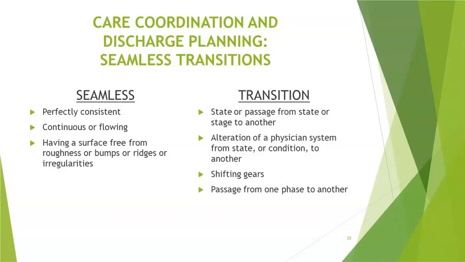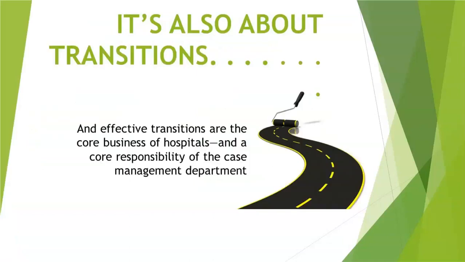So for our purposes, we're thinking of the stage of acute care transitioning to perhaps subacute or some other level of care. Alteration of a physical system from one state or condition to another, shifting gears or passage from one phase to another. So it really does all come down to these transitions.